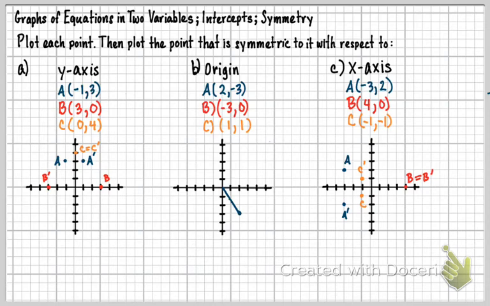So then that's going to look like this here. And that point should end up here. And if you look at what that is, that's going to be -2 and up 3. So -2, 3 is what we're going to end up with there.